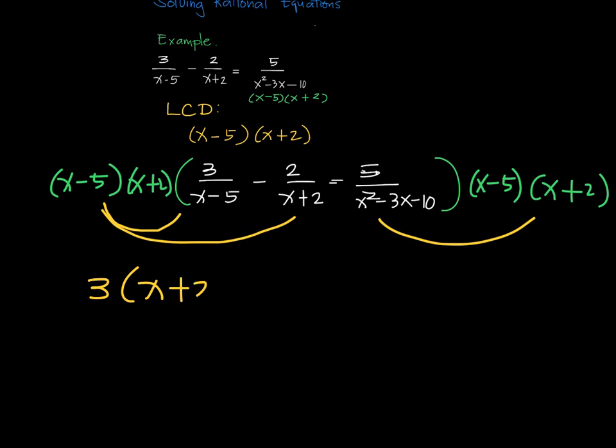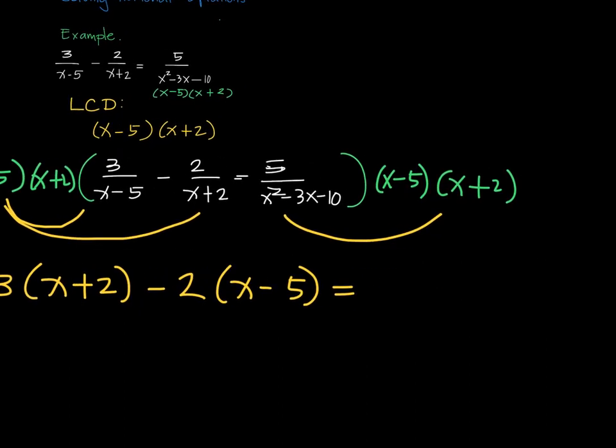Then when you proceed to the second term, when you multiply this by x minus 5 and x plus 2, notice that x plus 2 will cancel with x plus 2. So you have minus 2, and this minus is still a minus sign, so we have minus 2 and then the remaining factor, x minus 5.